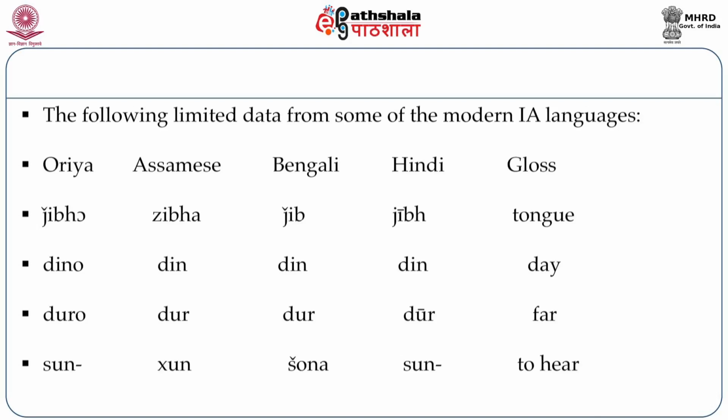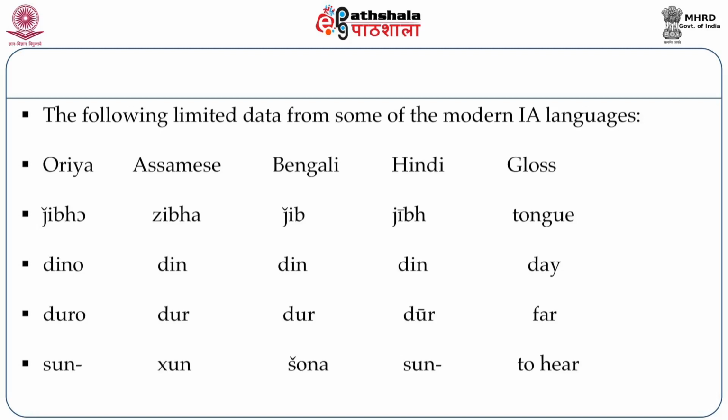So here the data will show that these three languages, Odia, Assamese, Bengali, have lost length contrast. In other words, there's a merger of length distinction, which is found in Hindi. Hindi maintains the length contrast between short and long E, short and long U, whereas the other three languages, Odia, Assamese, Bengali, have lost this feature.